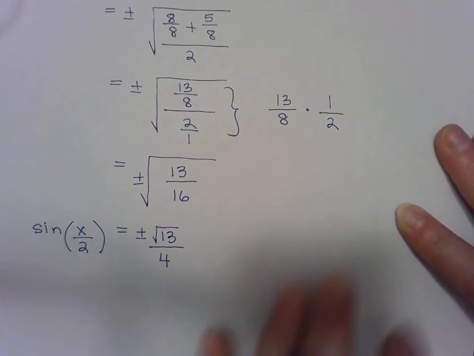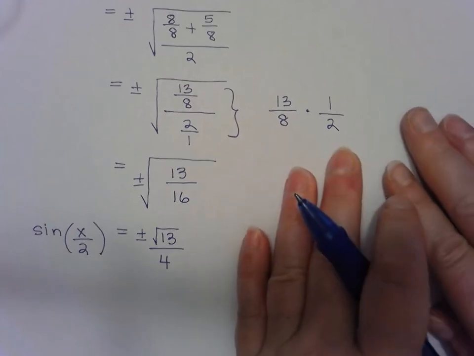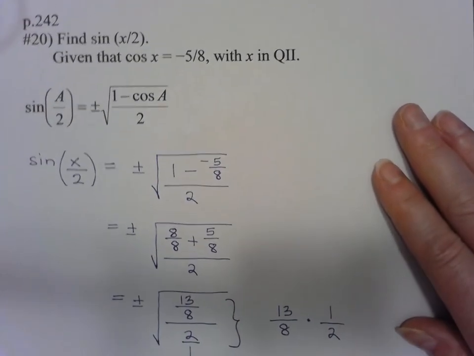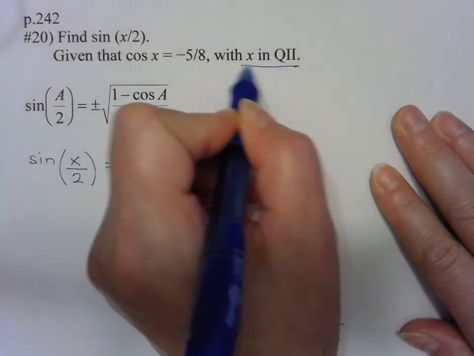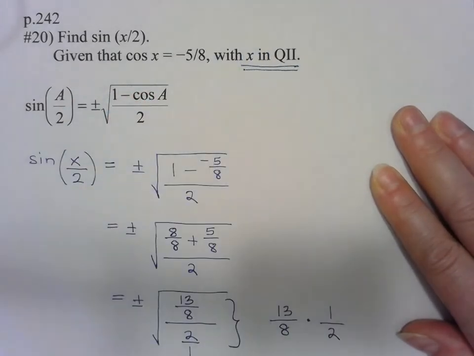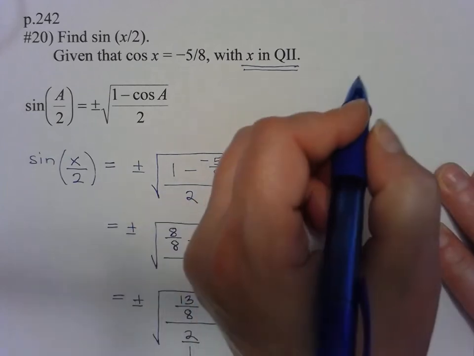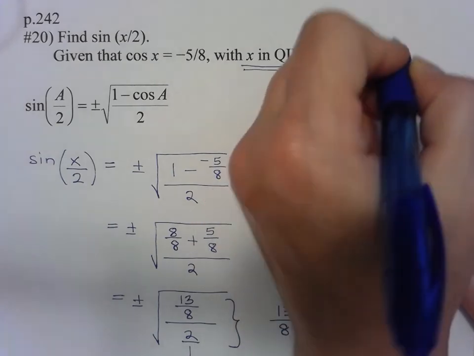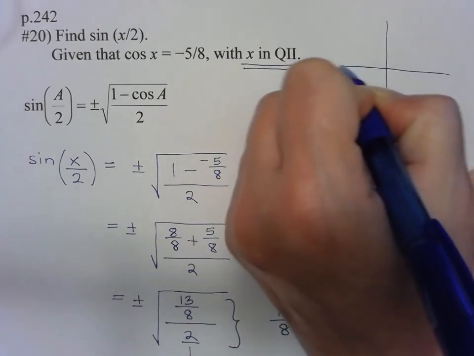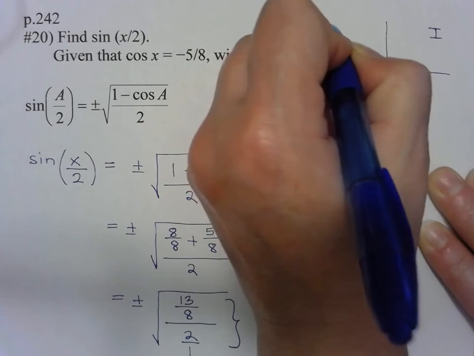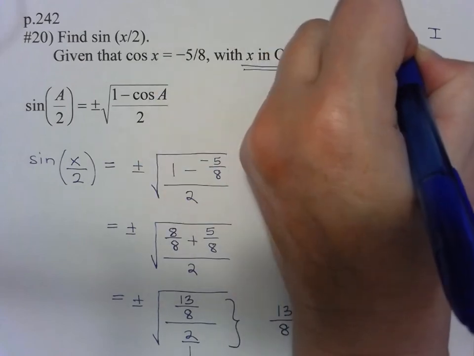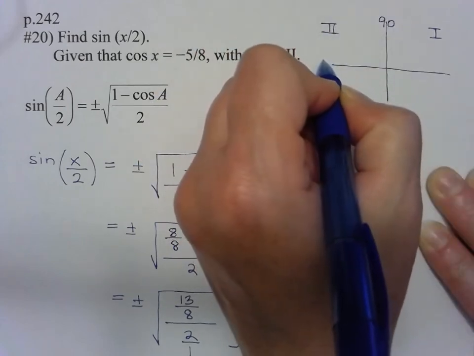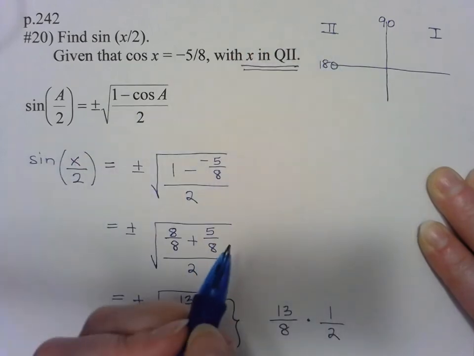Okay, but there's one clue we haven't used yet, so I'm going to go all the way back to the top. Remember we said that x is in quadrant 2. So let's just make sure, in quadrant 2, x would be between 90 and 180, right?